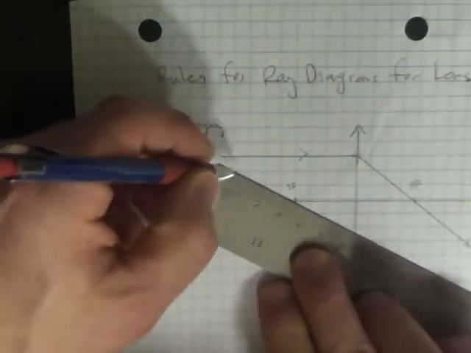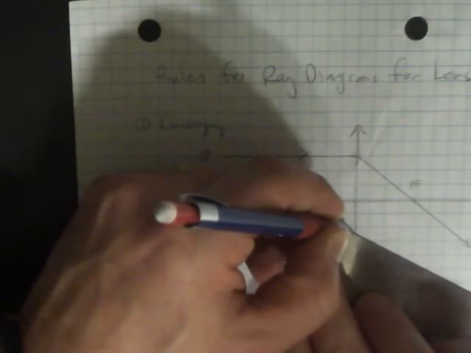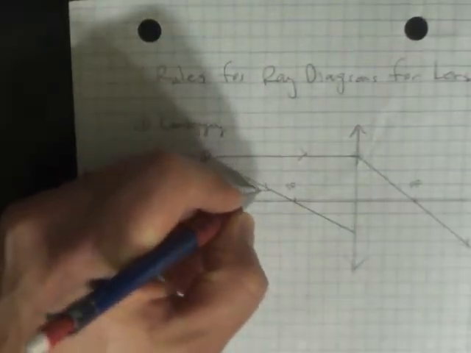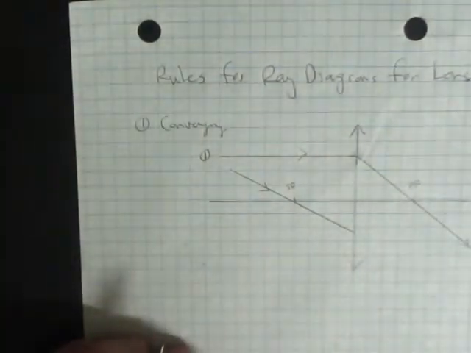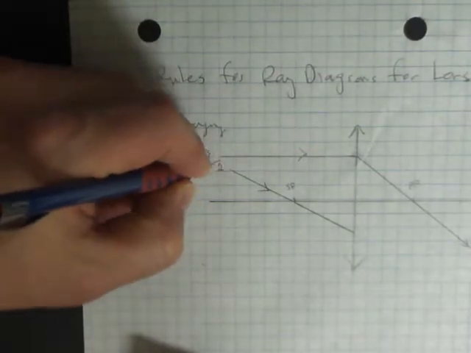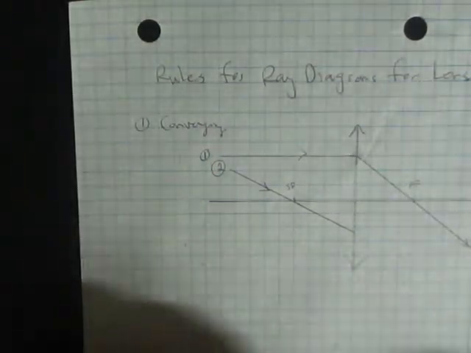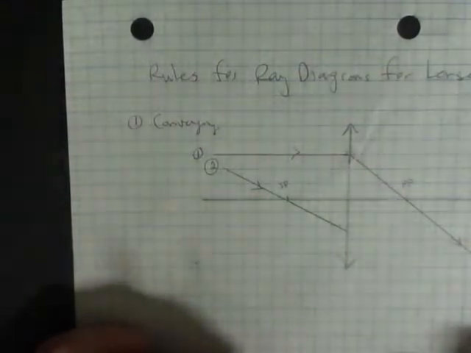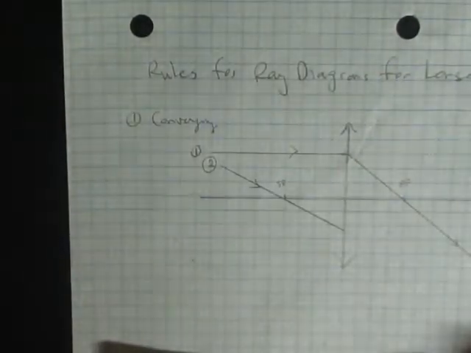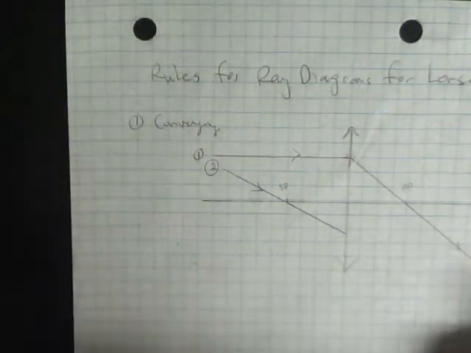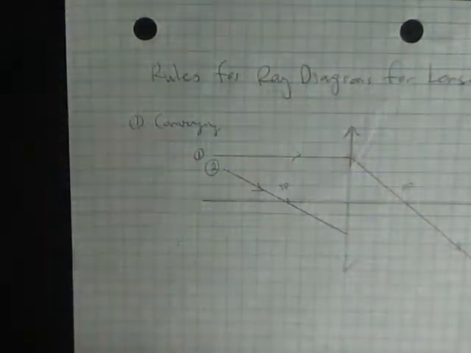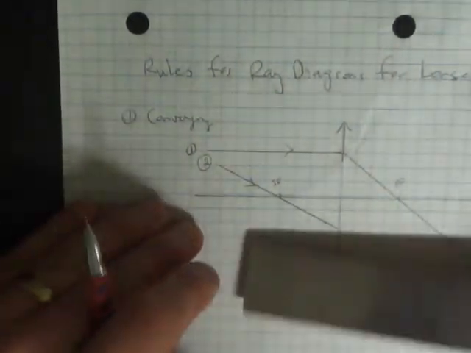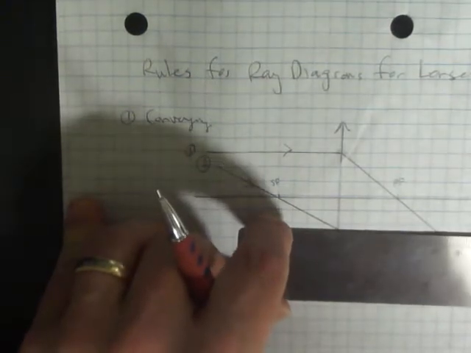If a ray is going through the secondary focus, and that's not great, I'm not exactly on it, but it's not bad. So this is rule number 2. A ray that goes through the secondary focus will, what's that? Come out parallel. It's the exact opposite to number 1. That's why we need that secondary focus there. It will emerge parallel to the PA.